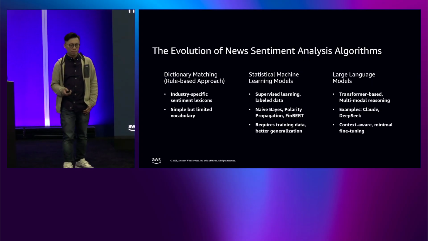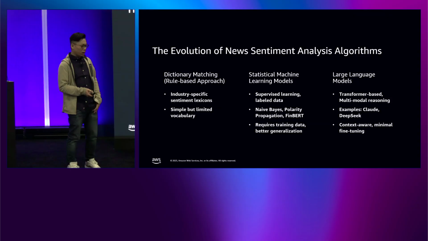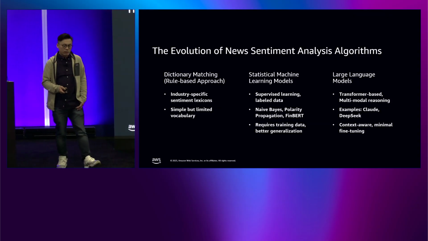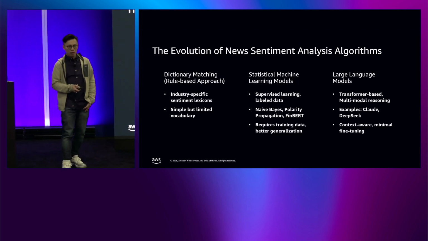However, you can imagine the problem here: with the limited vocabulary, you can't handle context very well. For example, if there's a news title, massive short liquidation event, you probably get a negative sentiment.